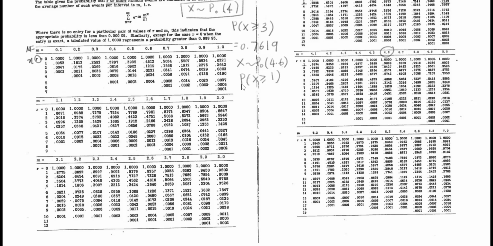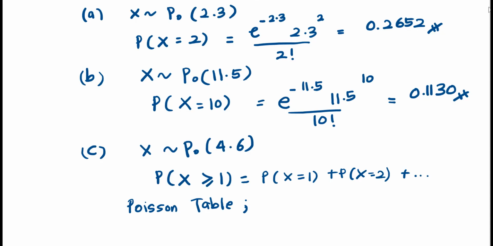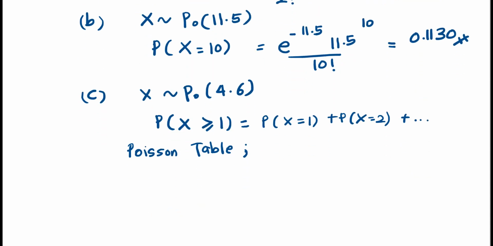So you get the answer, which is equal to 0.9899. Okay, so from the Poisson table, we can say that our probability is equal to 0.9899.